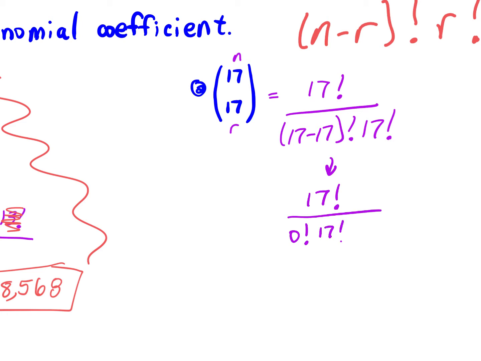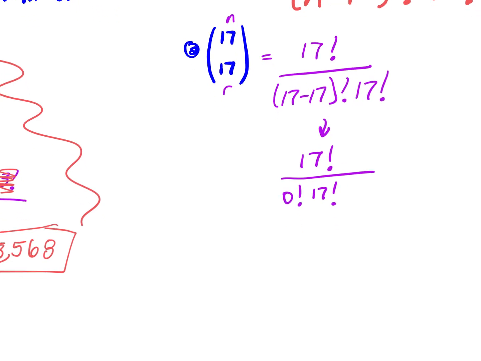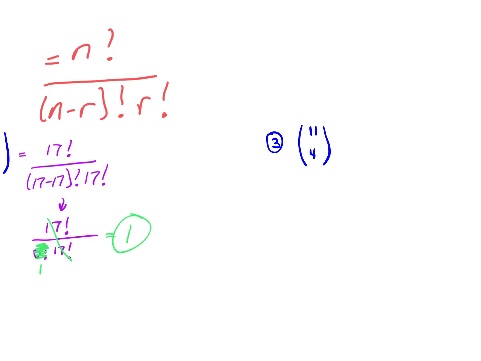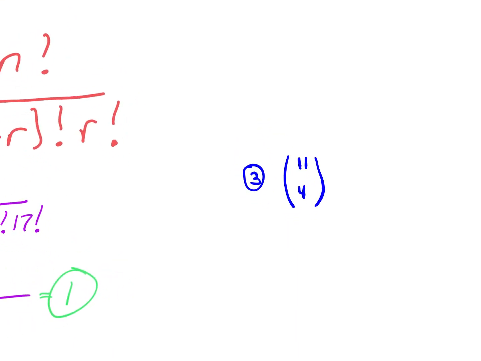And then 17 factorial. All right, guys. Well, what is 0 factorial equal to? 1. So good. Wouldn't the whole thing just be 1? Correct. 17 on top factorial over 17 on the bottom factorial gives me 1. Crazy hard. But it's not crazy. No, not crazy hard. JK. Thanks.